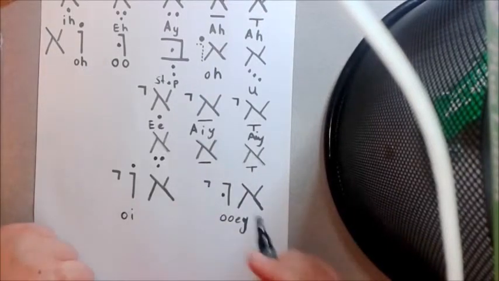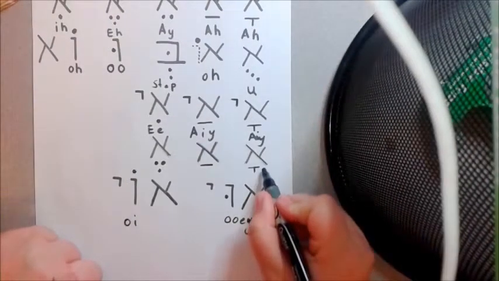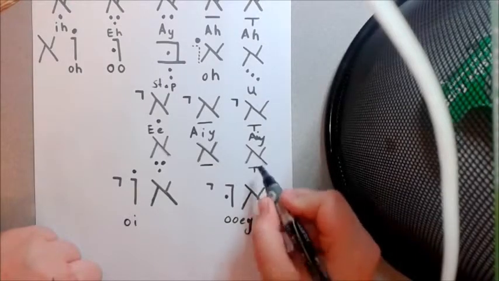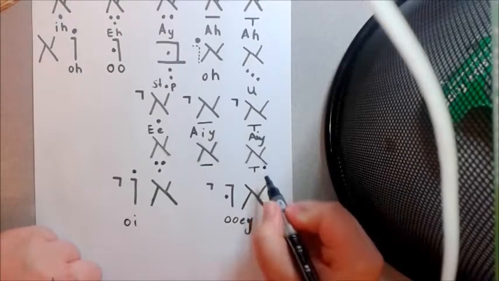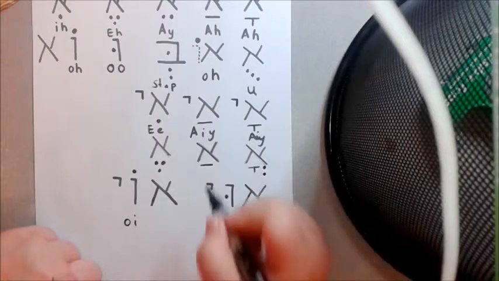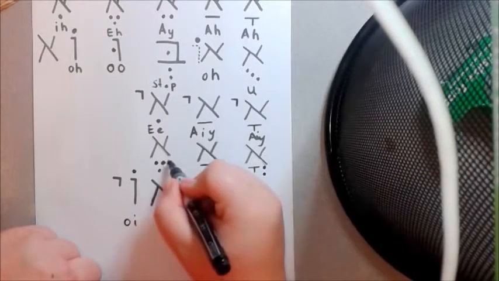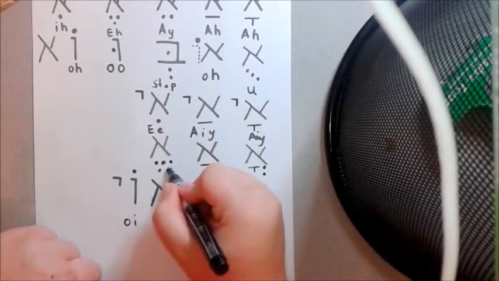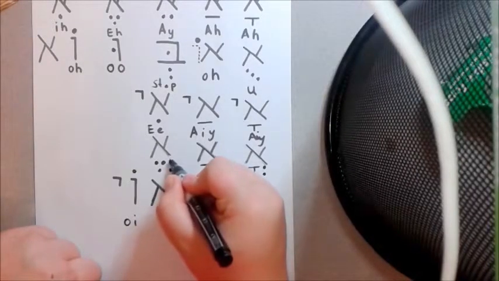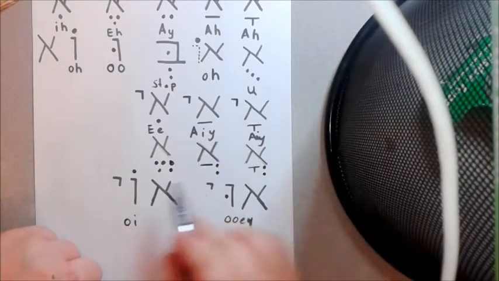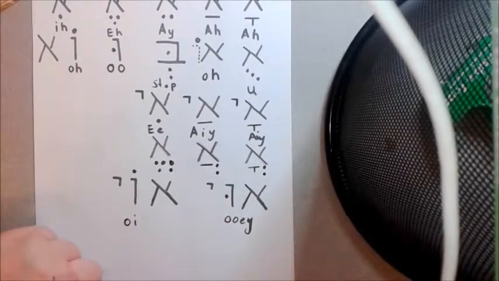With this ah, what happens is if I add the stopped sound, let me flip over my pen here, to the side of each of these, you say, what in the world is happening there? How in the world do we get eh with these stopped sounds?